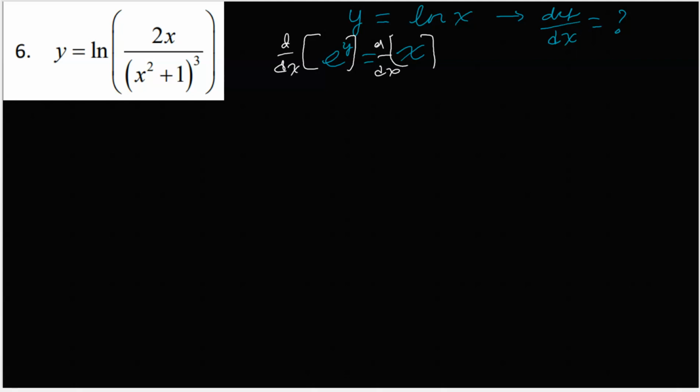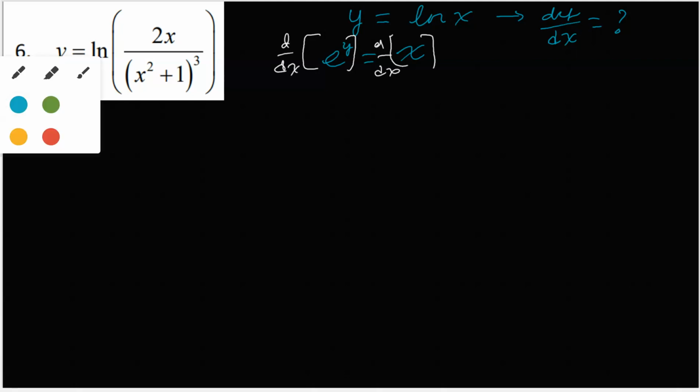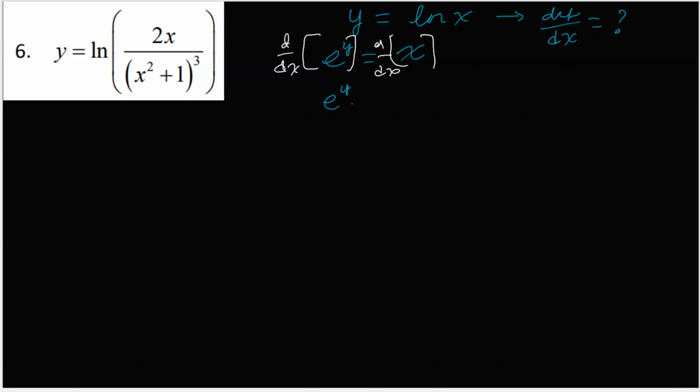We would say the derivative of e to the y power, we know the derivative of e to some exponent is itself, so it's e to the y multiplied by dy dx, which is the chain rule, equal to the derivative of x with respect to x, which is 1.